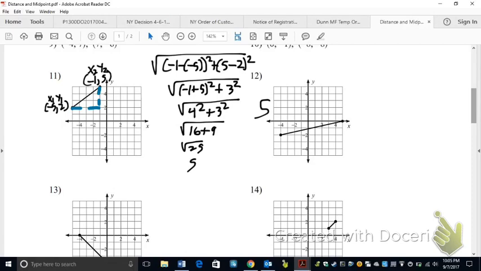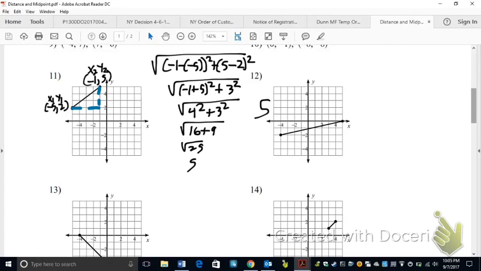So one of the questions I get a ton is, how do I know which point is x1, y1, and which point is x2, y2? And the answer is, as long as you label them correctly, as long as you make sure that you're plugging them into the correct places pursuant to the distance formula, it does not matter. Remember, distance is always positive.